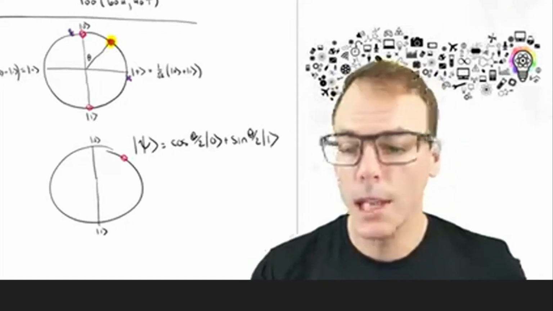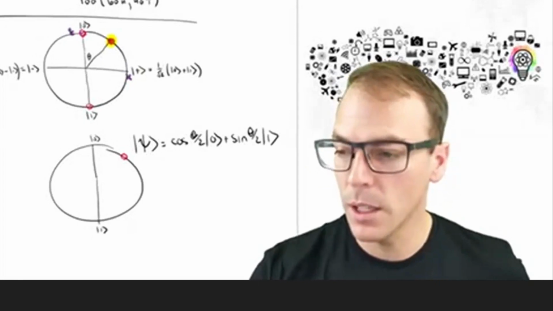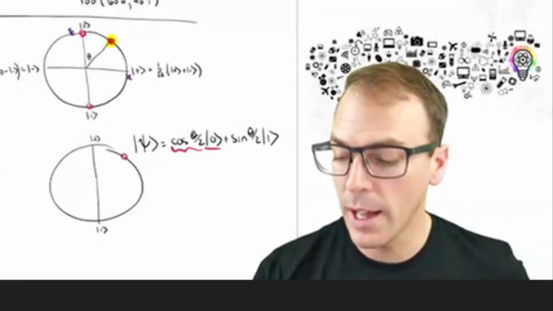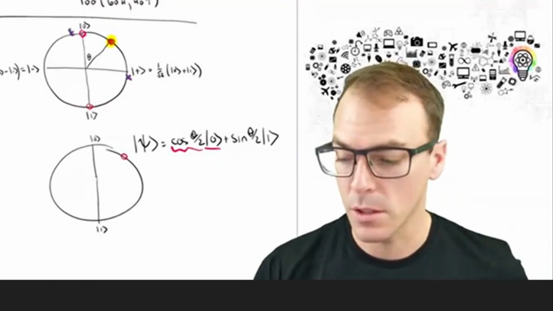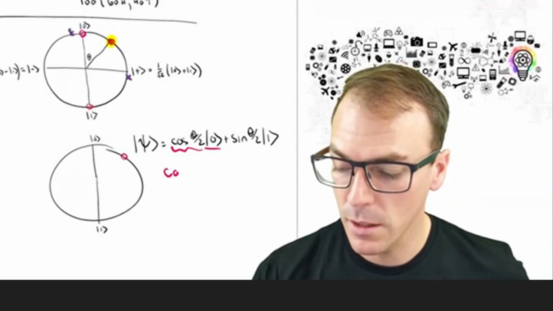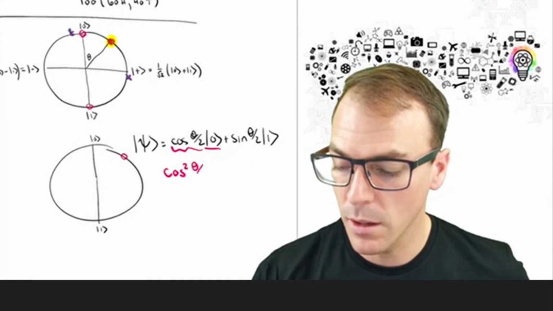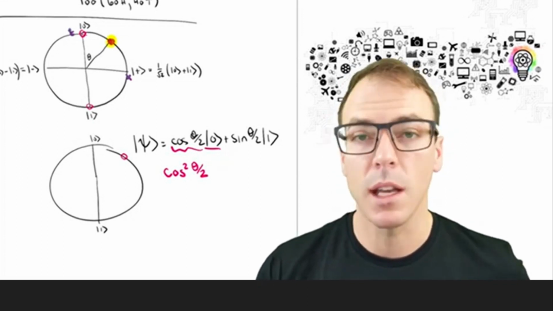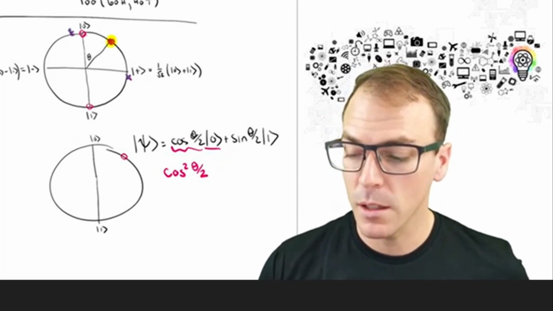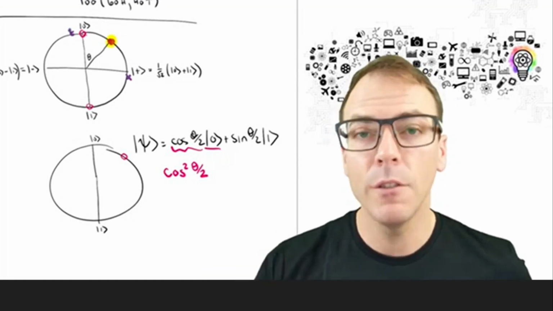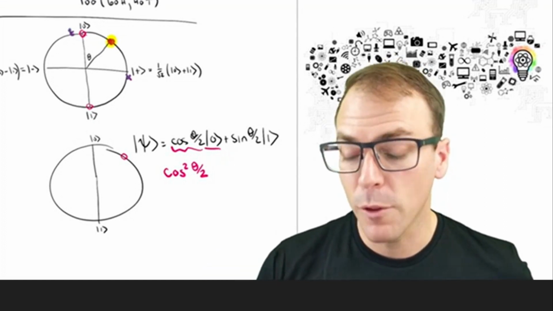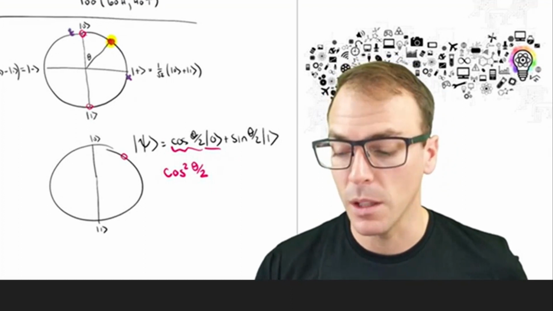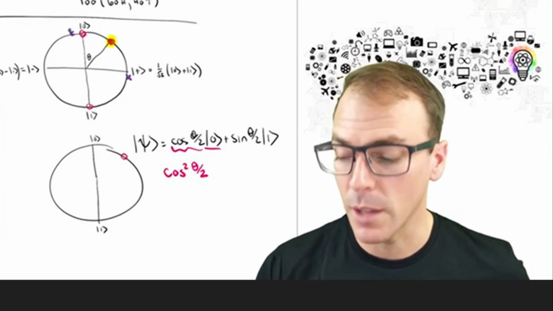The rule in quantum mechanics is that I will see this outcome with probability equal to the square of the coefficient in front of the 0 state. So I need to square this, and I have cosine squared theta over 2. That's the probability with which I see the 0 state. If I performed this computational basis measurement an infinite number of times, then the fraction of times I see the 0 outcome will be this number, whatever theta is: cosine squared theta over 2.